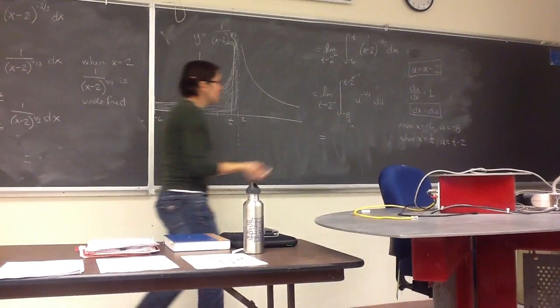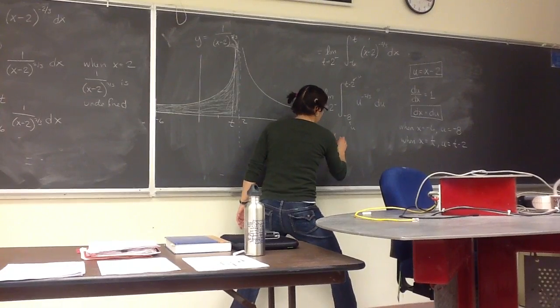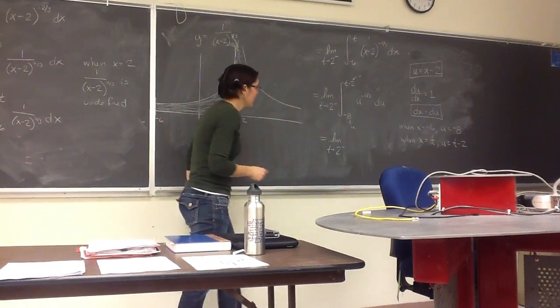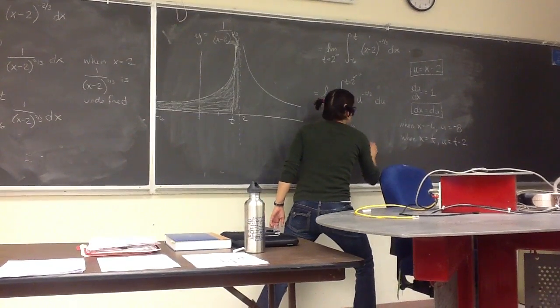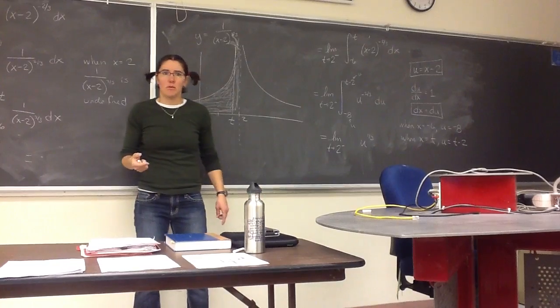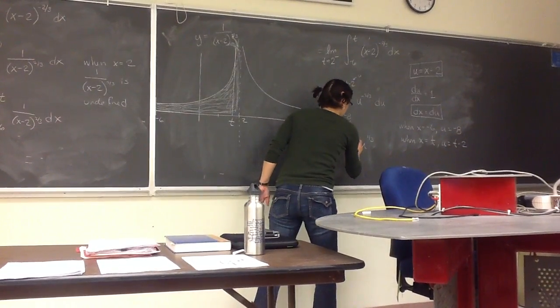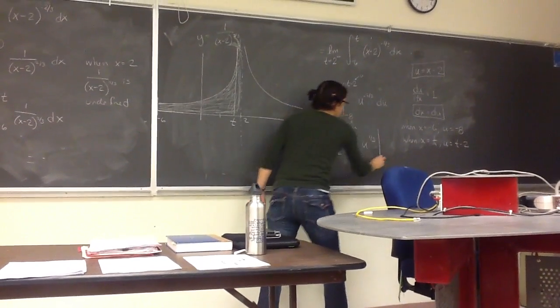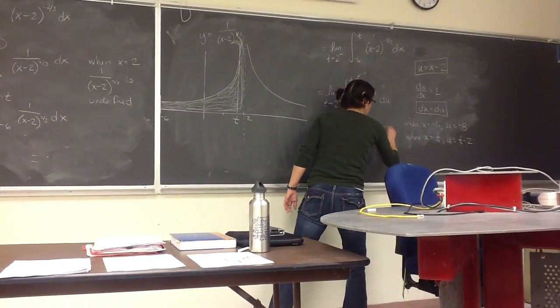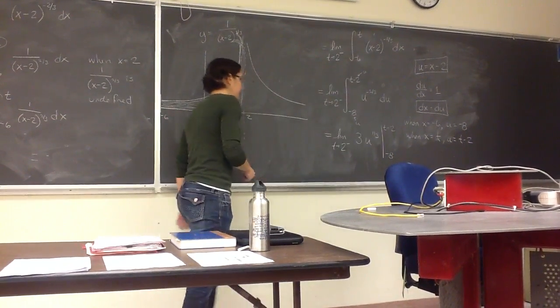Okay? So I'll add 1 to my power. I still have my limit as t goes to 2 from the left. Add 1 to my power gives me u to the 1/3, and dividing by that new power, 1/3, is the same as multiplying by 3. And then we'll evaluate that between -8 and t minus 2.